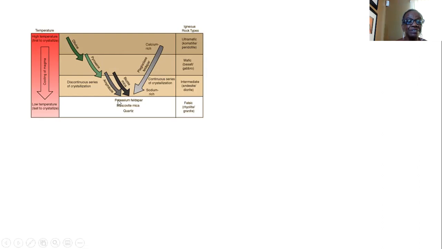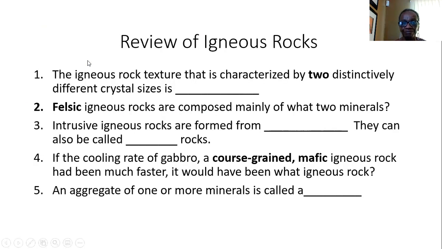Look at these minerals. They have a lot of potassium feldspar, muscovite mica, and quartz. So you can see that they have an abundance of minerals that are light in color. This diagram shows the temperature and the order in which the minerals will crystallize out, and the first one to crystallize out is olivine.